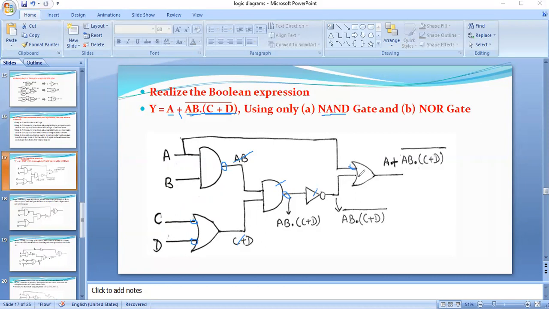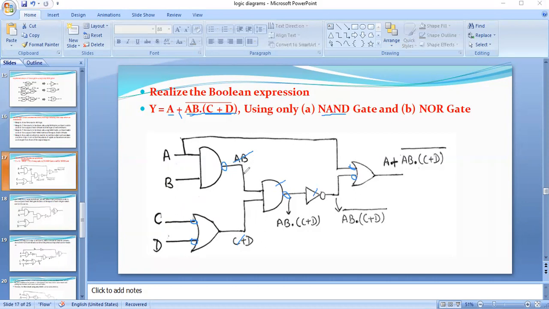That is the first step you have to do: just add the circle at the output of the AND gate and the input of the OR gate. After that, see here, in this line I'm adding a circle, so the expression may change.